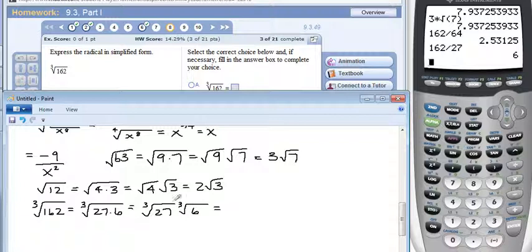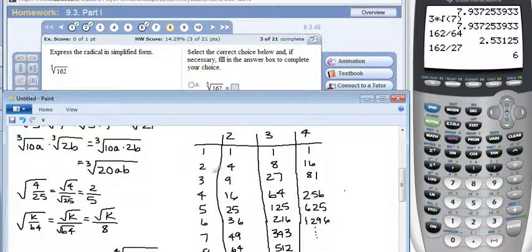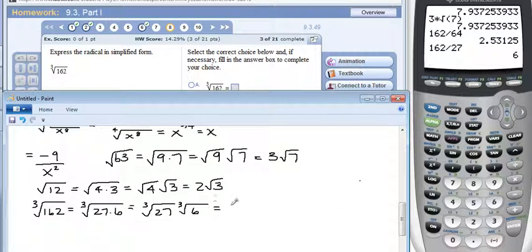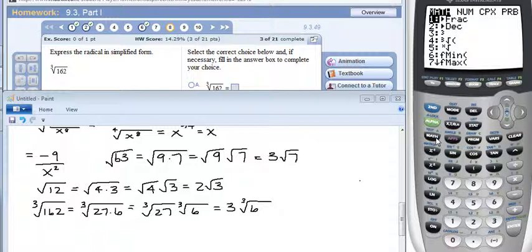and evaluate. The cube root of 27, I go back to your chart, is 3. Or you can use your calculator if you've forgotten. So this is the same as 3 times the cube root of 6. Well, we can check that with the calculator. We can see option number 4 is the cube root of 162.